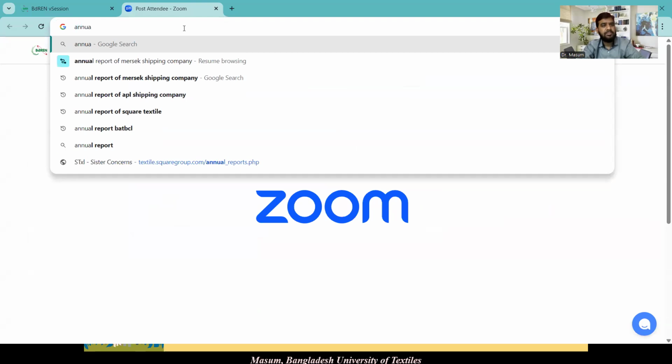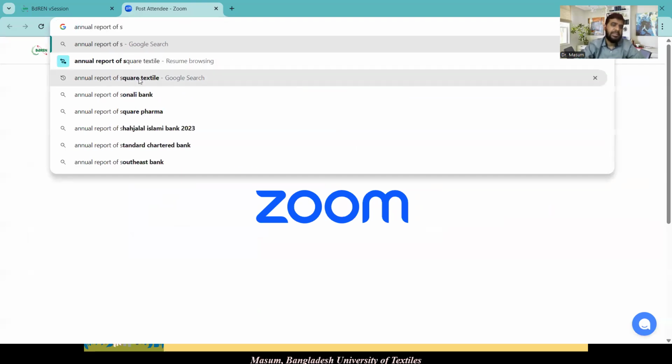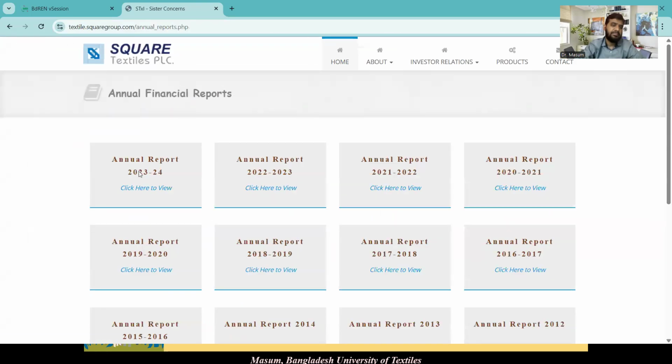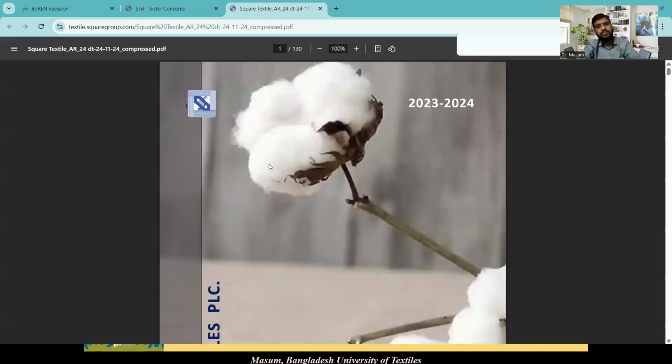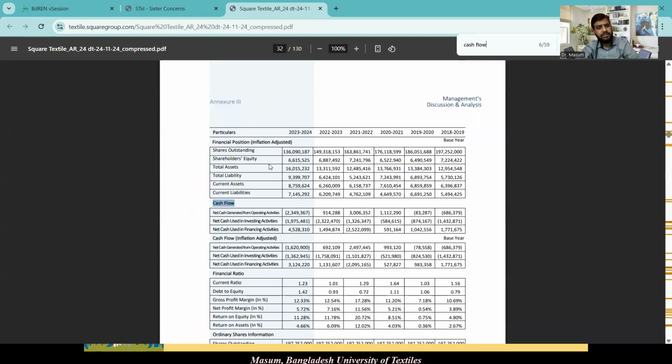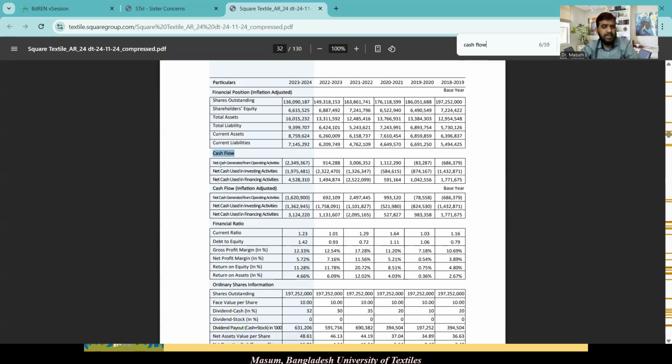Annual report of Square Textiles. So if you can see here, net cash flow from operating activities, that means difference between inflow and outflow.